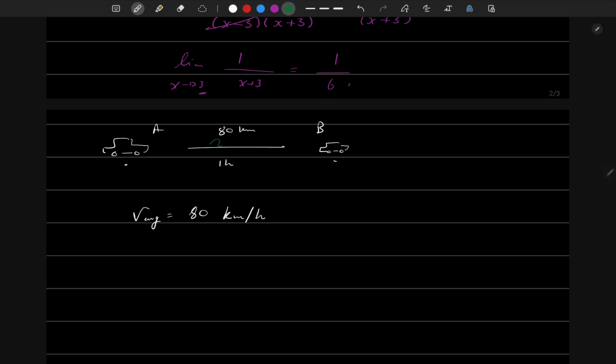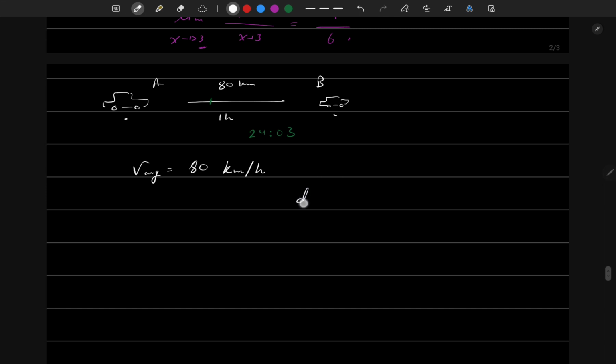So if I am asked to find the velocity at a specific time, like I want to find it at the 24th minute and 3 seconds, I want to know what is the velocity at that time. And that puts us in a problem, because to calculate velocity or speed, you have to do distance over time.